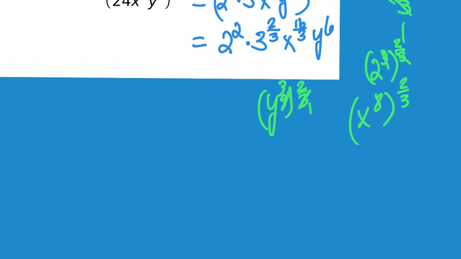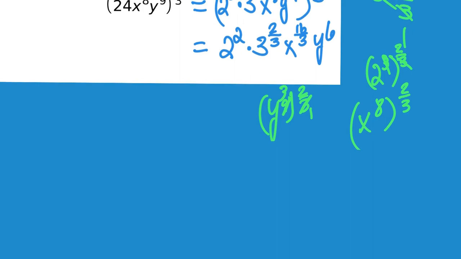Now check out this answer. You've got some that are already done. Do you see some of those exponents are not fractions? If there's no fraction, that means nothing's going to go back into the radical. So 2 squared is what? 4. Now look at 3 to the 2/3. Does 3 go into 2? No. So that means that whole thing is going inside. So I got a cube root. There's the 3 on the bottom. Left is 3 to the 2nd power. What's that going to be? In other words, two 3s have to go inside, right?